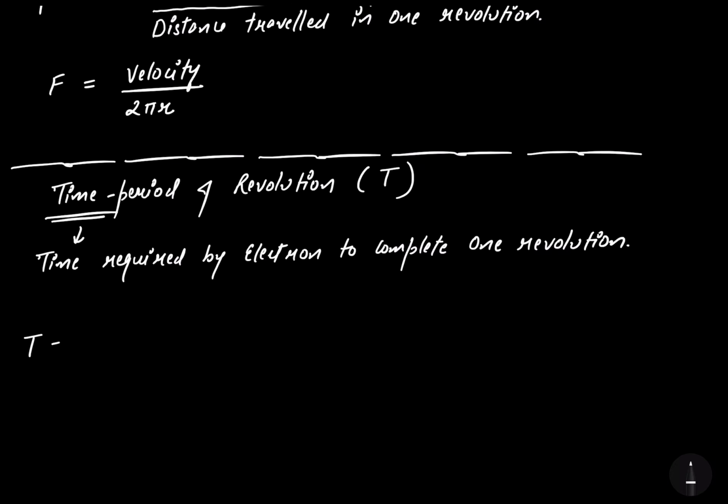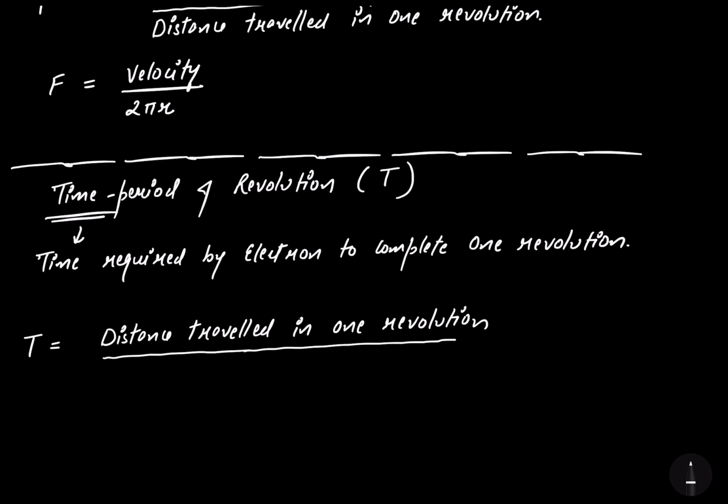So the capital T will be equal to distance traveled in one revolution divided by total distance traveled by electron in 1 second.